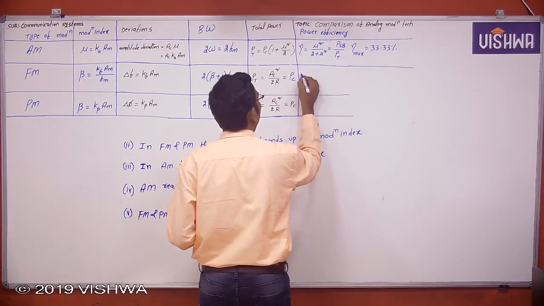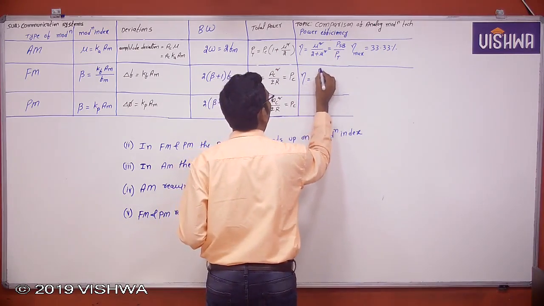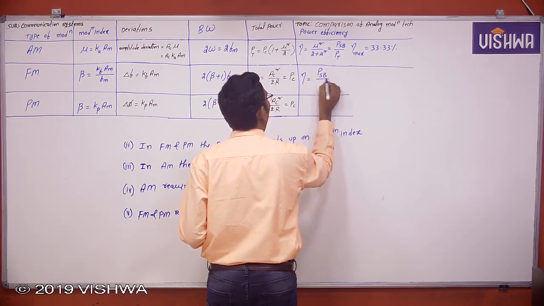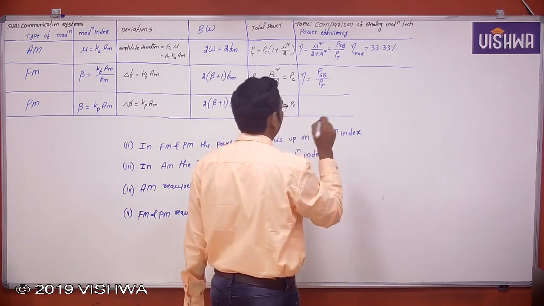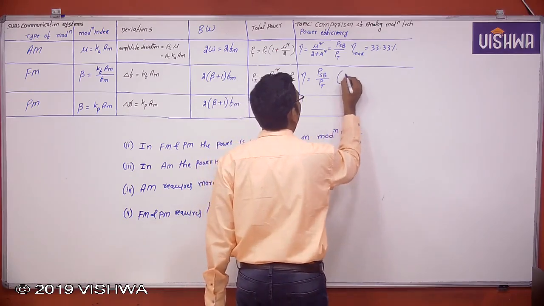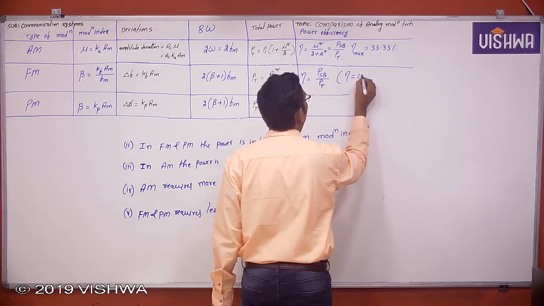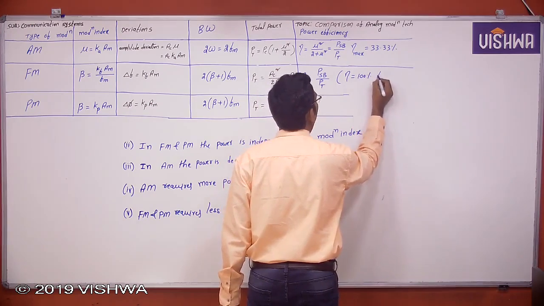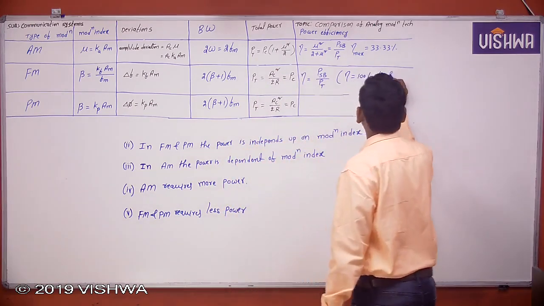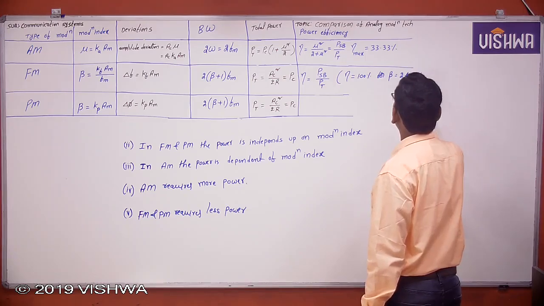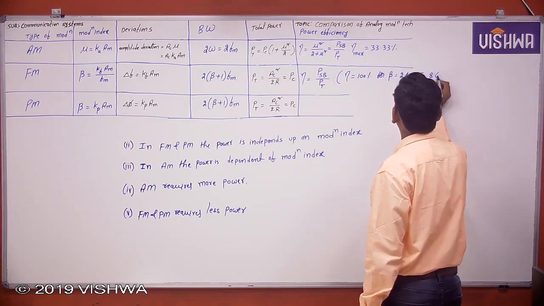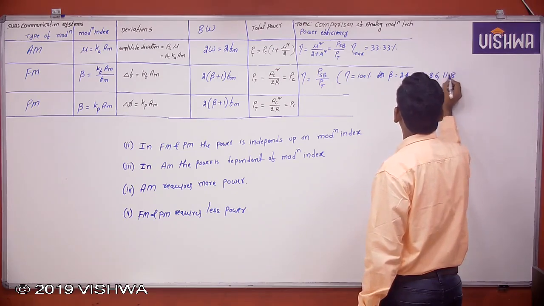Now the power efficiency is how much power, out of total power, is carried by sidebands, and the power efficiency is 100% for beta equal to 2.4, 5.5, 8.6, 11.8.